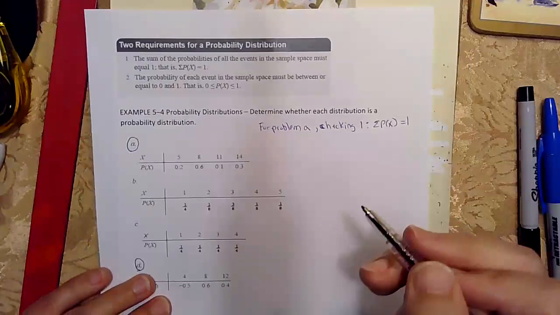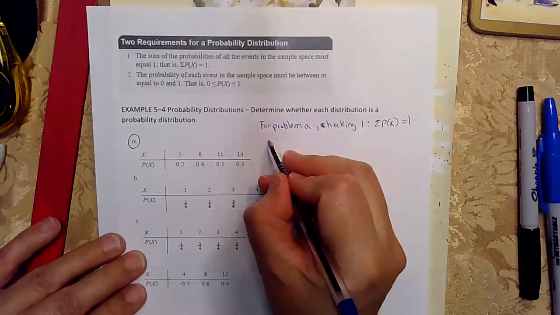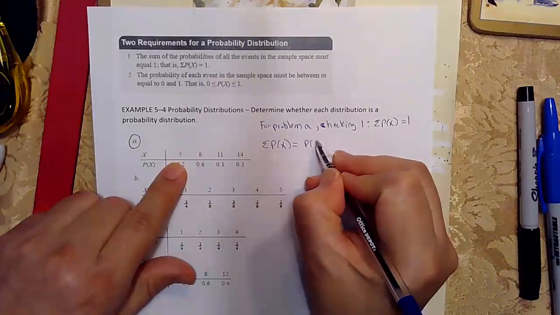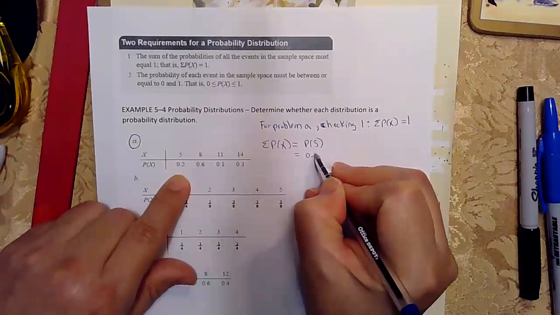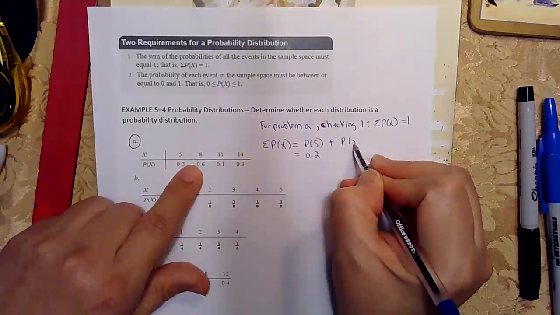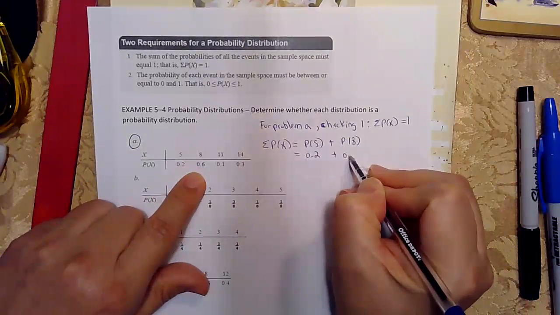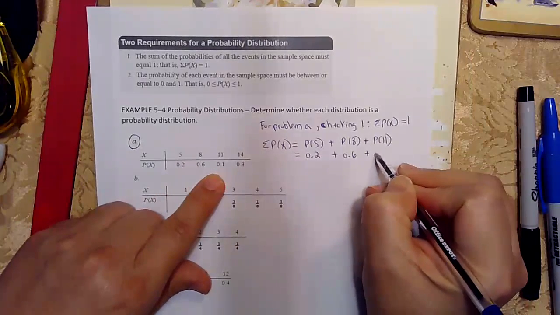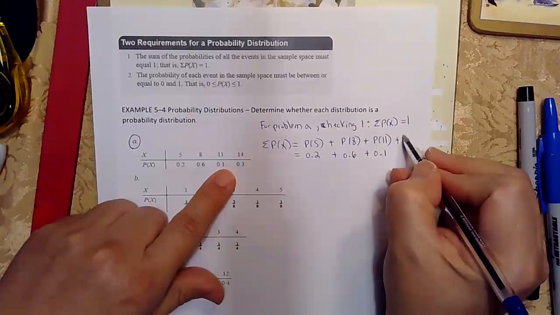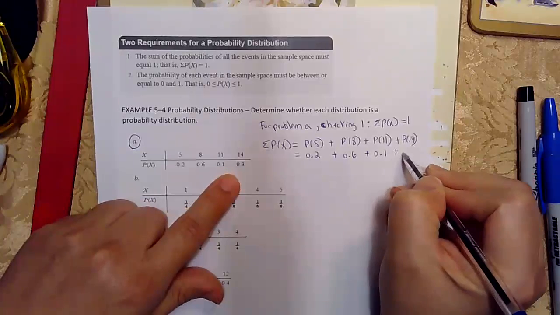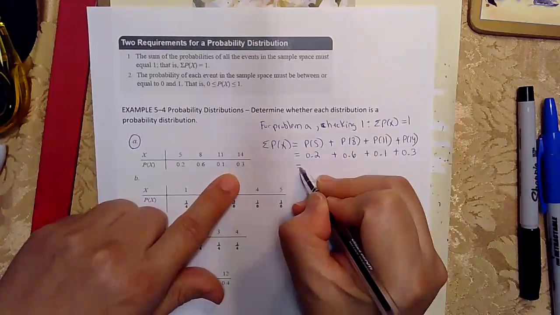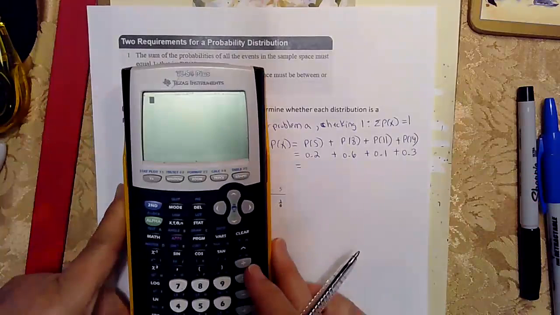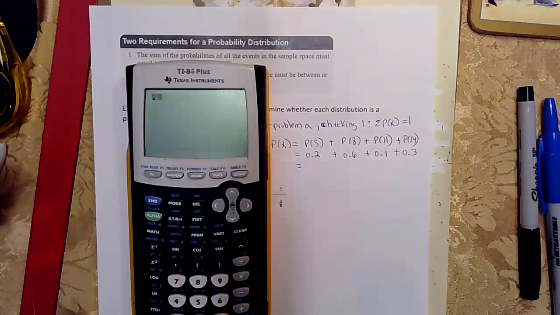I'm going to start with the summation of P of X, which is P of 5, which is 0.2, plus P of 8, which is the value 0.6, plus P of 11, which is the value 0.1, plus P of 14, which is the value 0.3. Then I get my calculator and add them up, and hopefully it equals 1. I need it to equal 1.